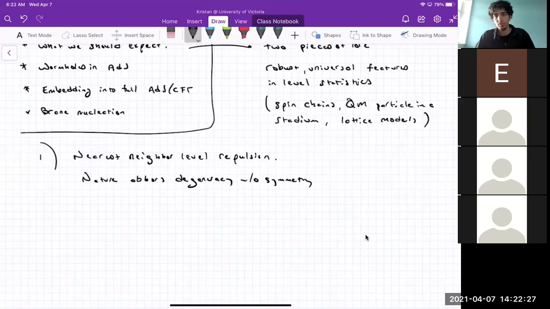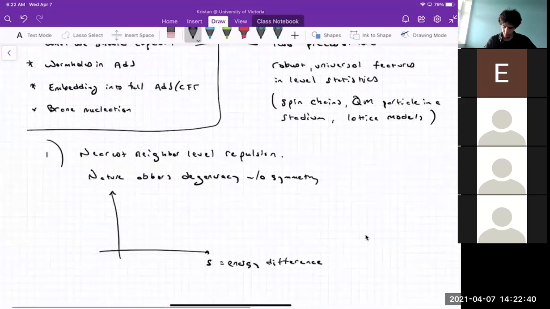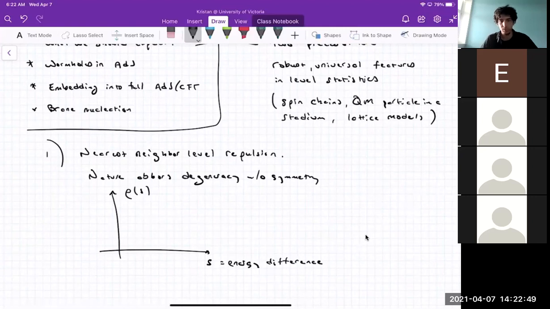What you get is a plot where, let's call this axis S, the energy difference, and this is how many levels you have with that difference upon a little bit of binning. There's some, this thing tends to 0.